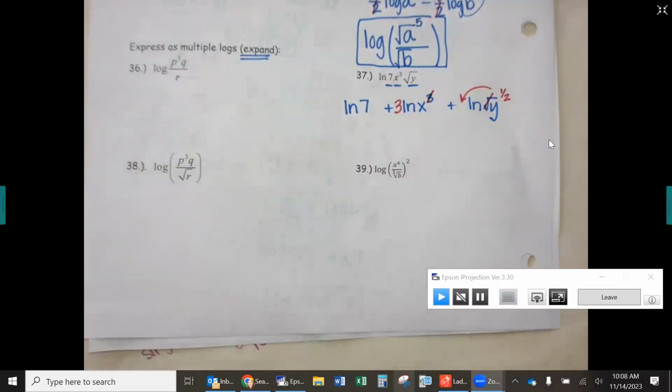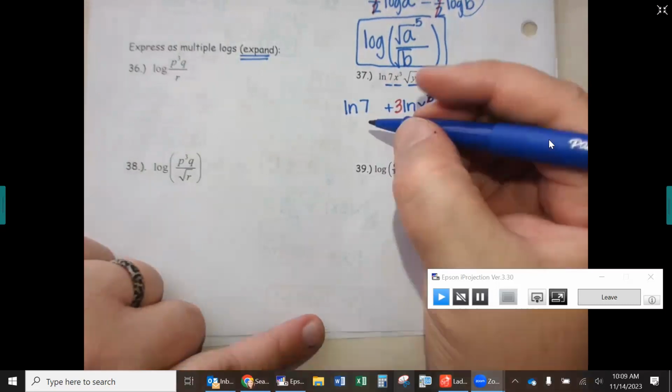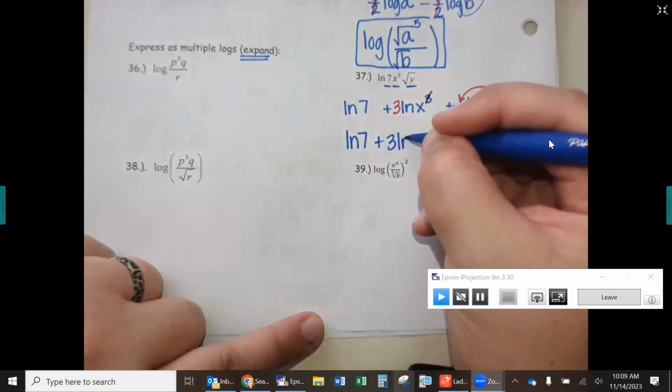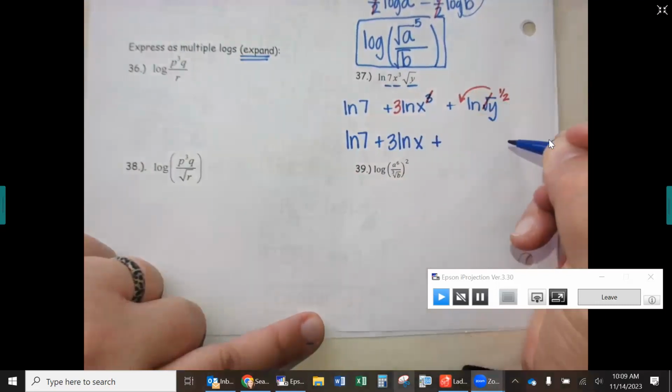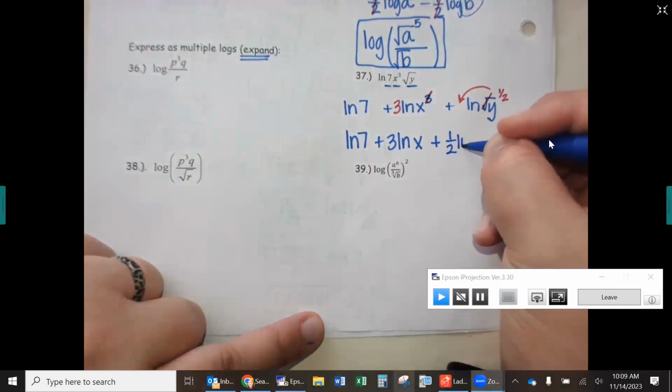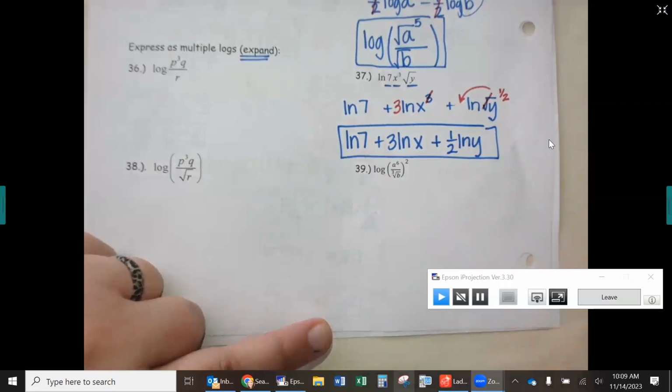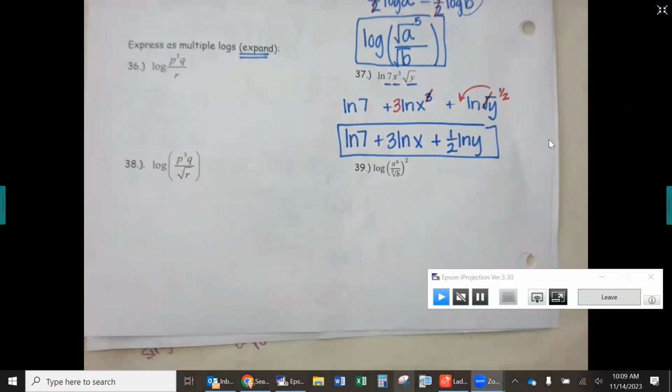So my final answer is going to be ln 7 plus 3 ln x plus 1/2 ln y. Okay, but remember, for an expanded log, nobody's sharing, and you shouldn't have any exponents or roots left over. Okay.